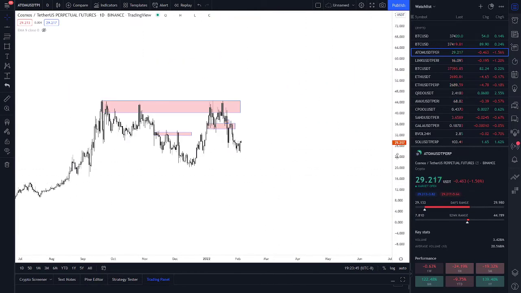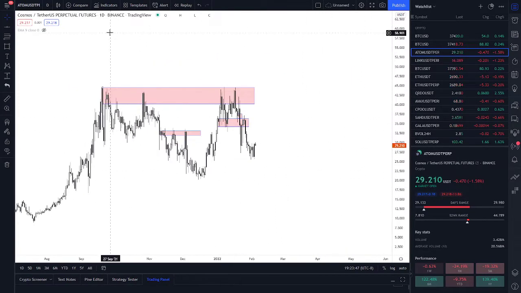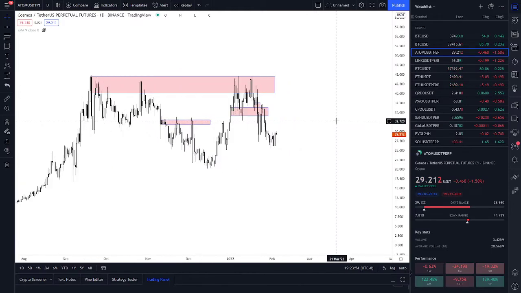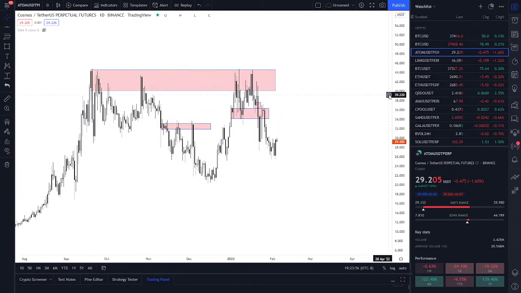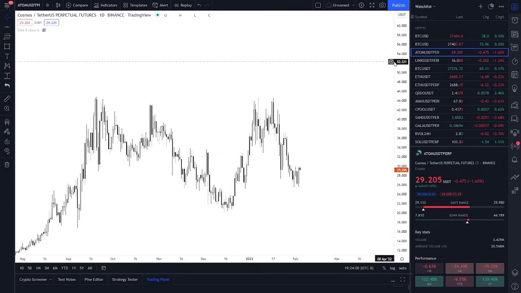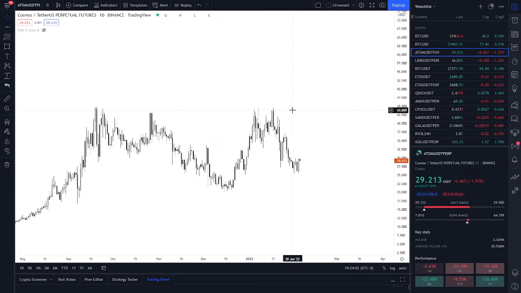Okay. So I drew some earlier, but the first thing I want to do is clean my chart up. So I'm going to remove everything off of it, and I'm going to draw my lines.